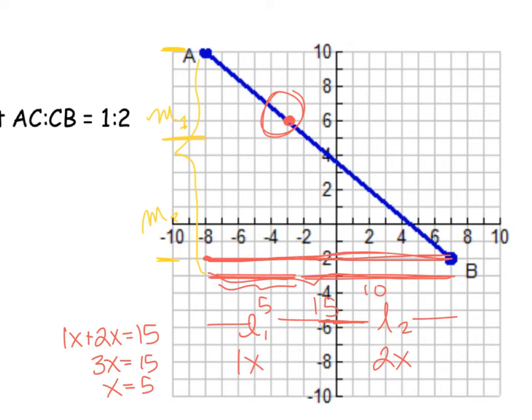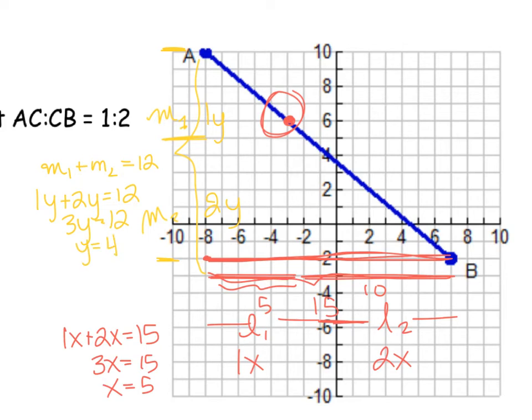So I know that M1 plus M2 has to equal 12. 12 is that distance from 10 to -2. So I'm going to call M1 1y and M2 2y. So I have 1y plus 2y has to equal 12, which means that y must equal 4.